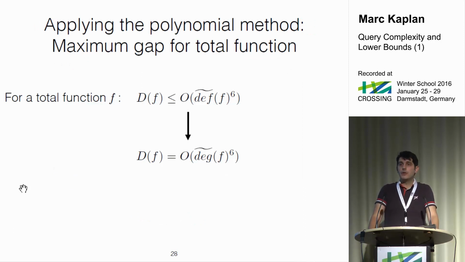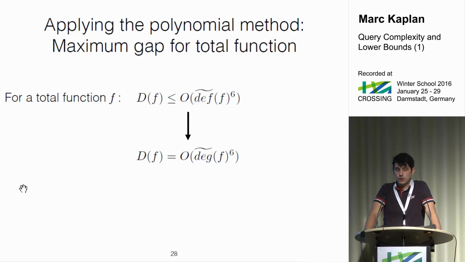All right, another very important corollary that you can prove using the polynomial method is that query complexity has this very strong property that for total functions, the gap is bounded. A total function is just a function that is defined on all possible inputs to the problem.